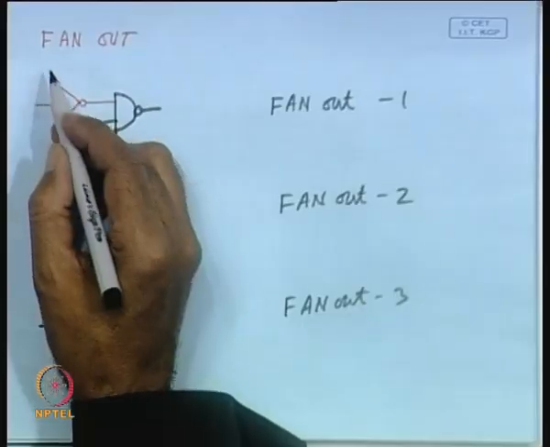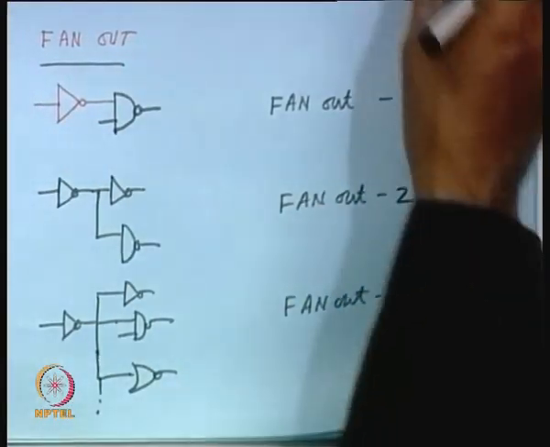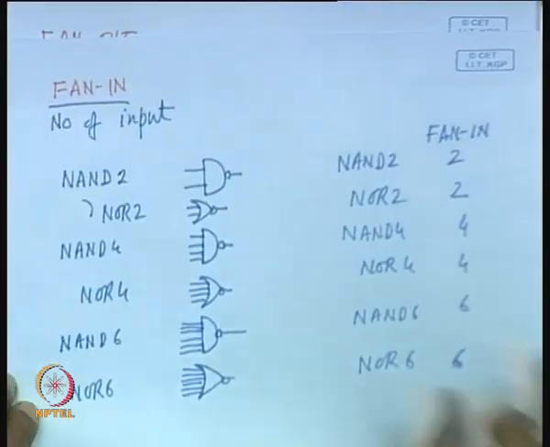Whenever we add more and more gates at the output of a particular gate, we have to see that the performance of the circuit is not degraded and also the correct output is produced. That will be our study of how fan in and fan out affect a particular circuit.